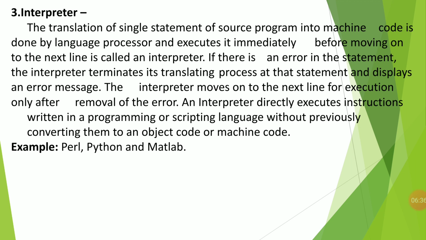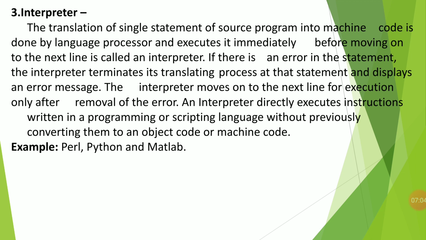The major difference between compiler and interpreter is that a compiler reads the whole program in one go, but an interpreter reads line by line, and simultaneously executes the converted line. If any error is found, it displays the error and does not proceed until the error is rectified.